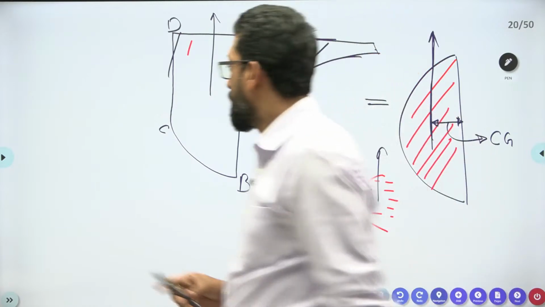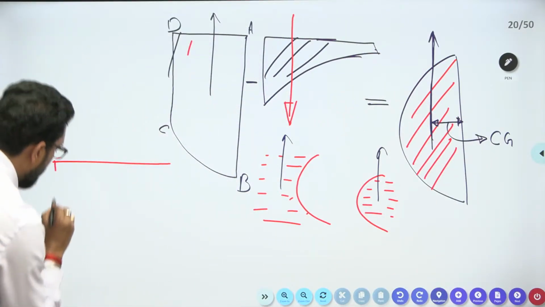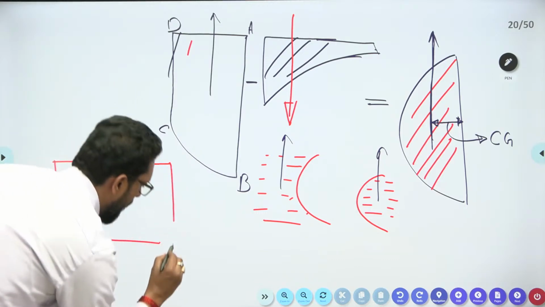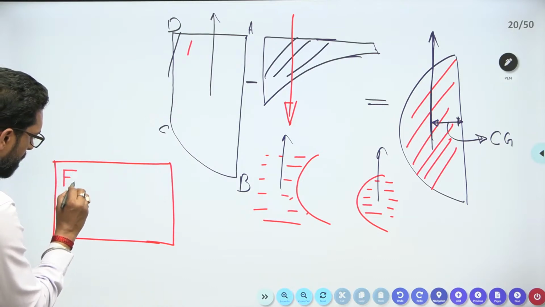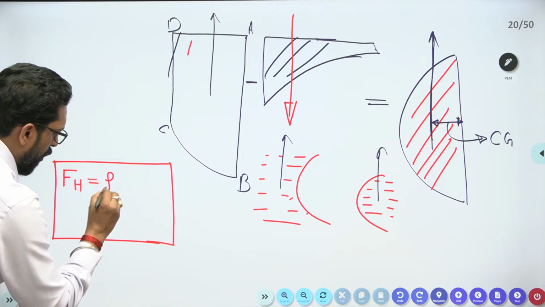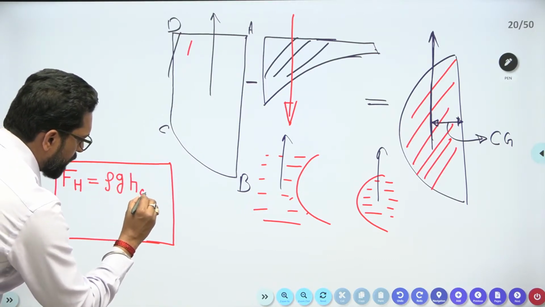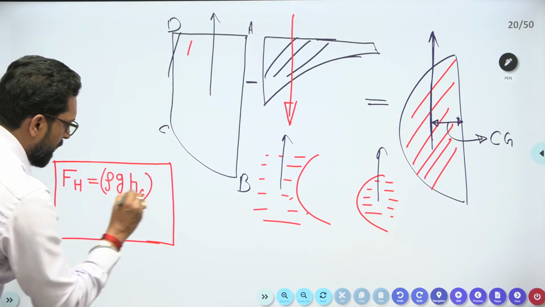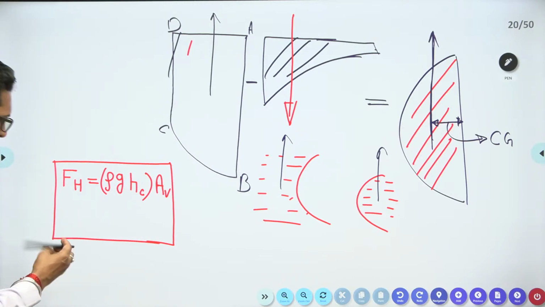One point always remember: the net horizontal force FH is equal to rho g, height of the center of pressure, into area of the vertical plane, AV.